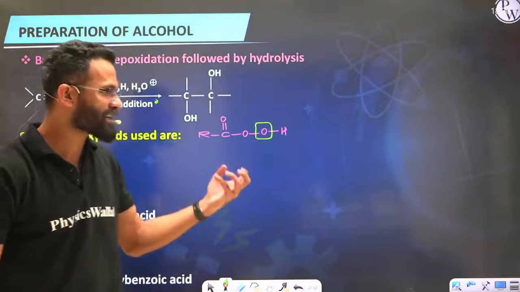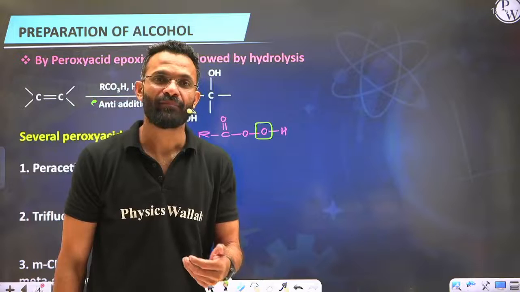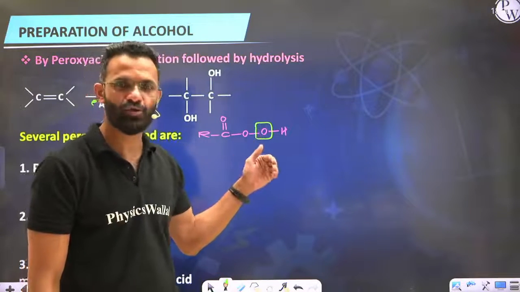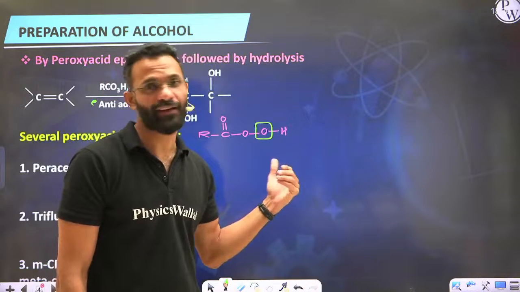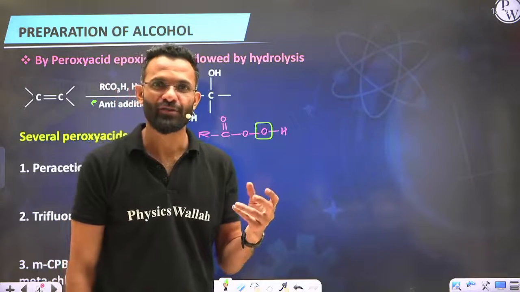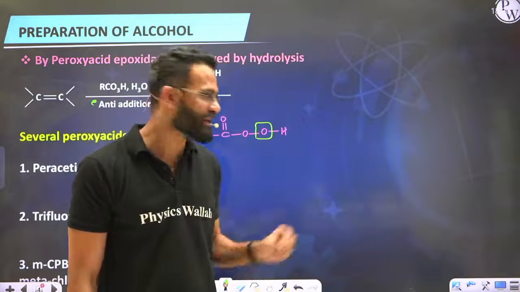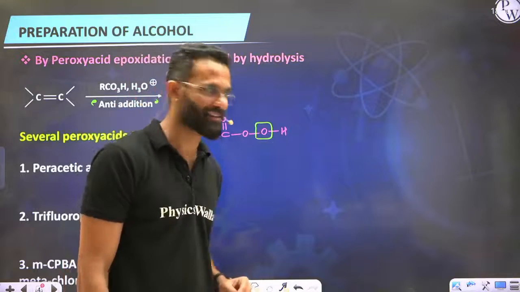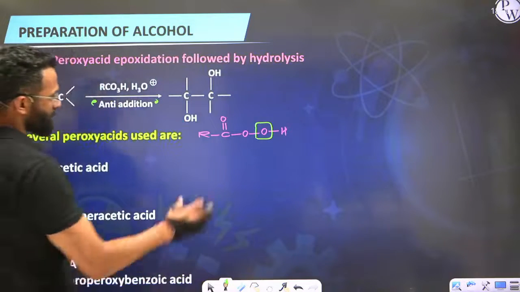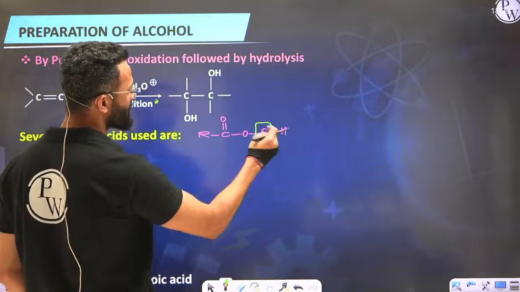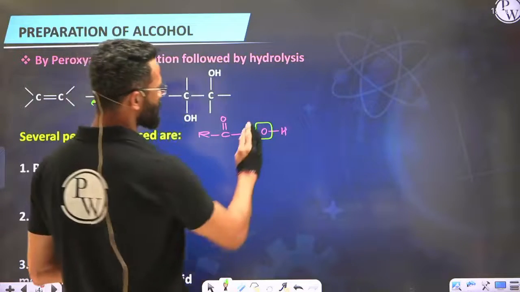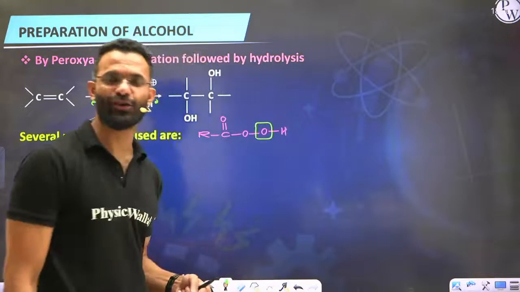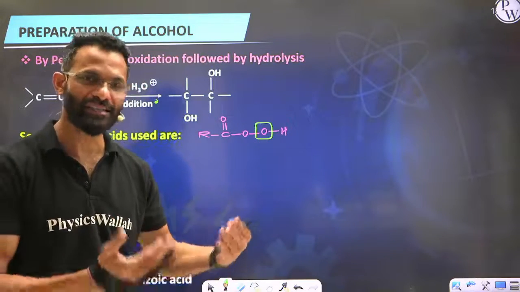And of course, this can be identified by the tracing technique, where imagine I take this oxygen as some isotopically labeled oxygen, and if I carry out the reaction, in the overall reaction you will find the oxygen retained in the product is this isotopically labeled oxygen atom. Hence we have highlighted that. Well, that is how you represent a peroxy carboxylic acid. If you just take away this oxygen, this is your normal carboxylic acid. We have one more extra oxygen which makes it a peroxy acid.